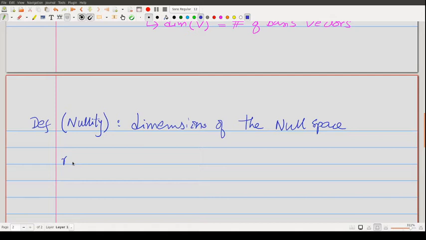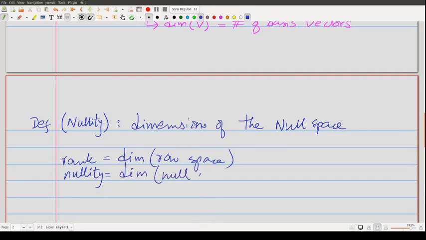So let's just write it down. Rank is the dimension of the row space, and the nullity is equal to the dimension of the null space.